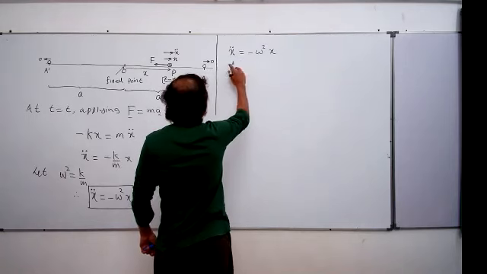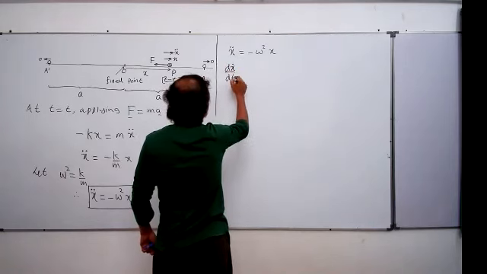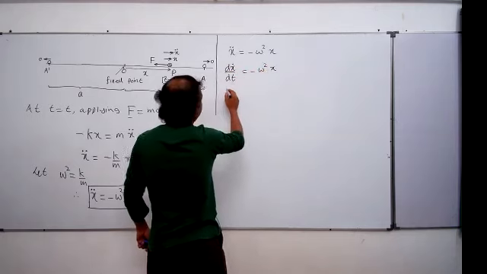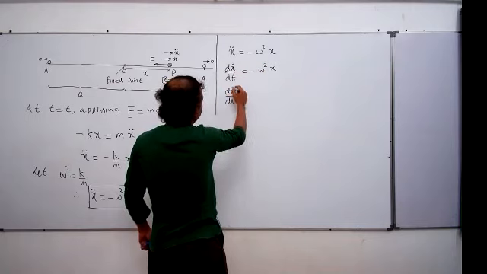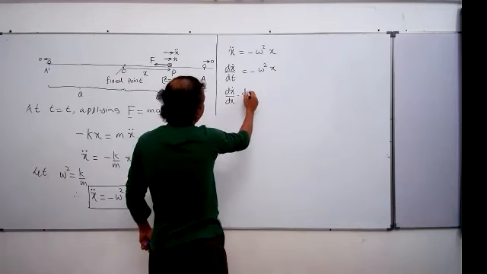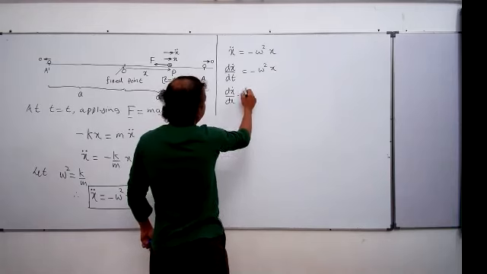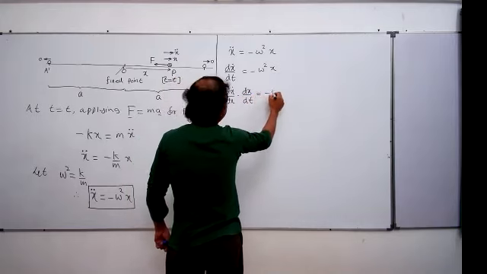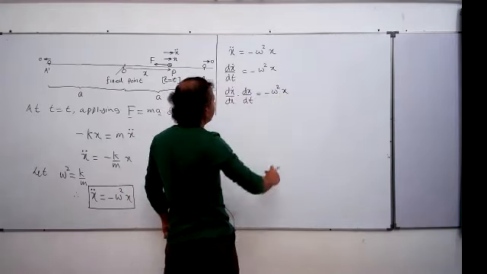Then here we can write x double dot as d x dot by dt, which is minus omega squared x. This d x dot by dt I can write, people, like this: d x dot by dx multiplied by dx by dt, equals minus omega squared x.